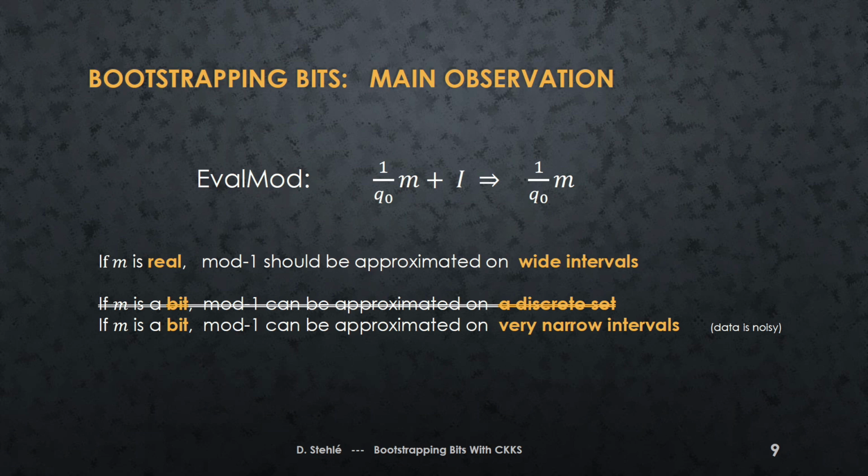Okay, and in fact, it's not quite true because the bit is coming with noise. So if m is a bit, mod 1 can be approximated on very narrow intervals. So we have smaller intervals for the approximation, which sounds good, but we actually have twice more of them if we count. So maybe it's not so easy. So let's see how we do it.